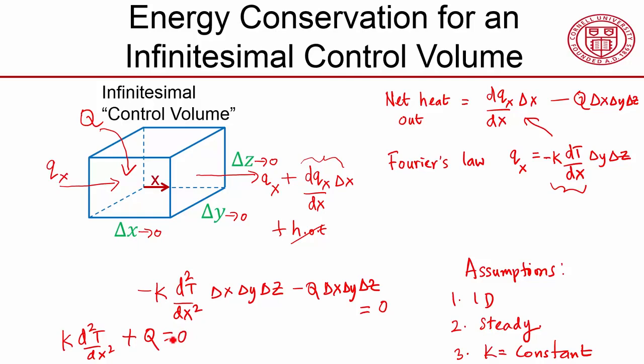That's called the heat equation, and it represents energy conservation for an infinitesimal control volume. That's the governing equation. It is defined over the length of the bar, and we need to add in the boundary conditions, which I'll do when I summarize the mathematical model.